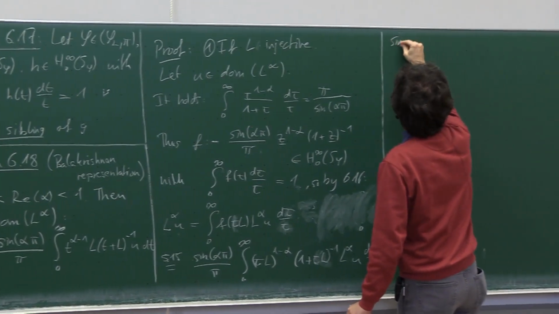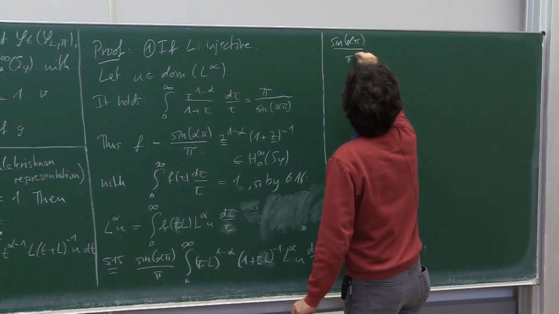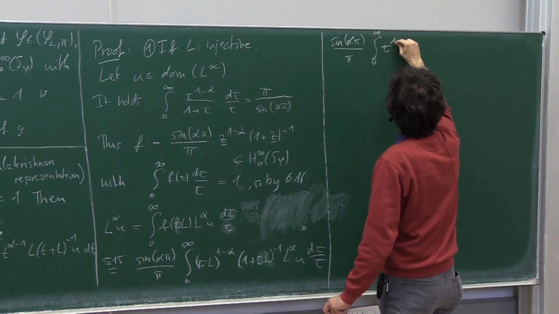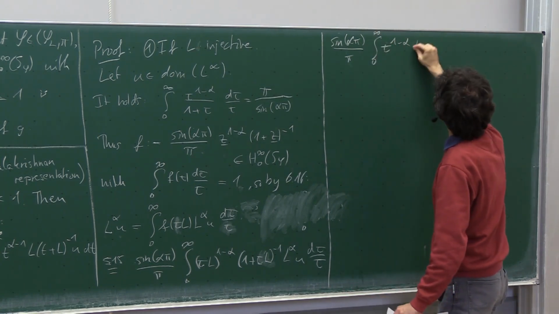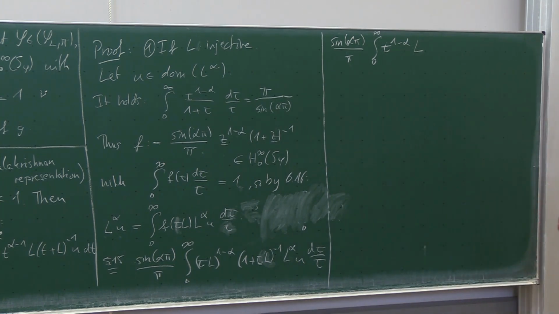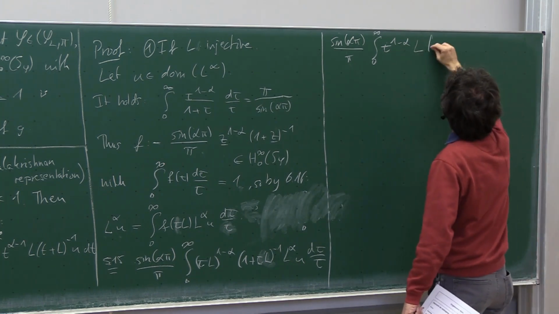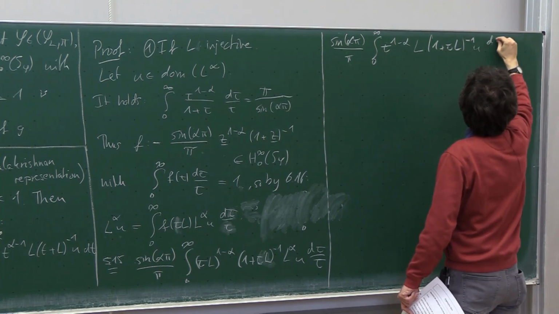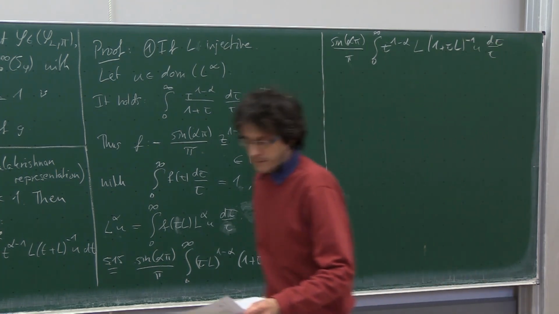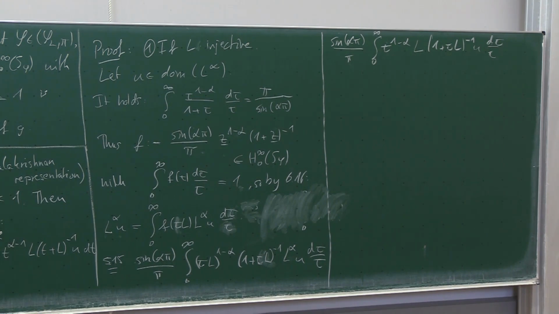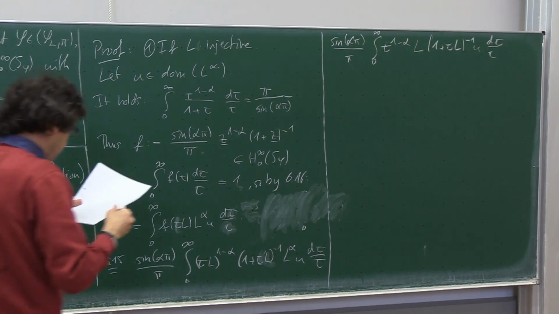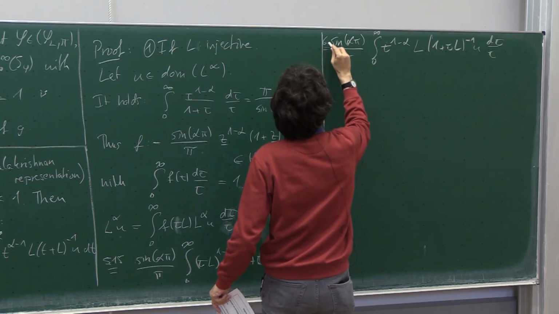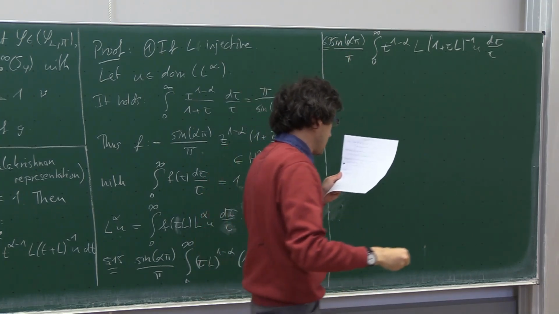So this gives you sine of alpha pi divided by pi, integral 0 to infinity, tau to the 1 minus alpha. Then you just have L to the 1 minus alpha plus alpha, 1 plus tau L to the minus 1, u d tau over tau. Okay. So this was, if you want, 6.3, the composition rule for fractional powers.